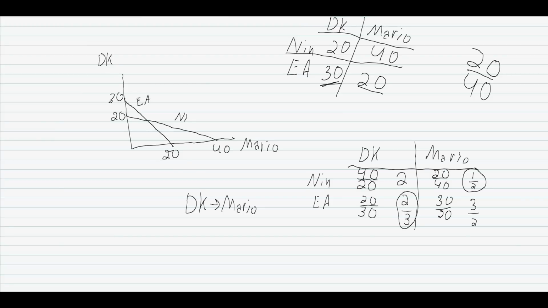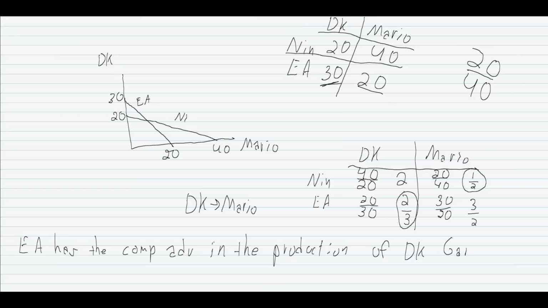Well, we're going to do a similar thing here. EA has the comparative advantage in the production of Donkey Kong games, because it's 2/3 to Nintendo's 2.